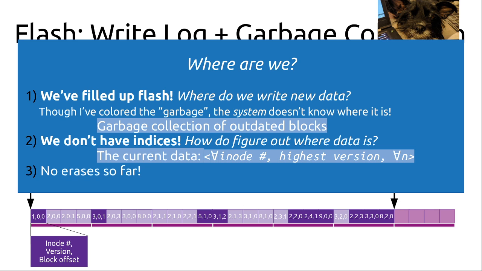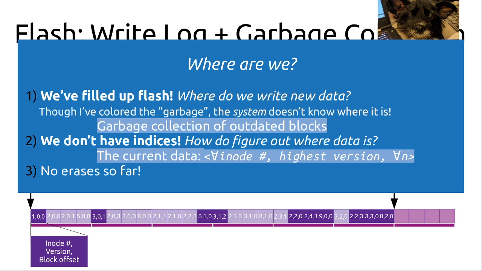And with respect to not having indices over all of the data in the file system, well, for these simple file systems, they expect the operating system to scan through the entire SSD. By the way, it's fast. And find all of the inode numbers, find the highest version number for each of those inodes for each of their blocks.